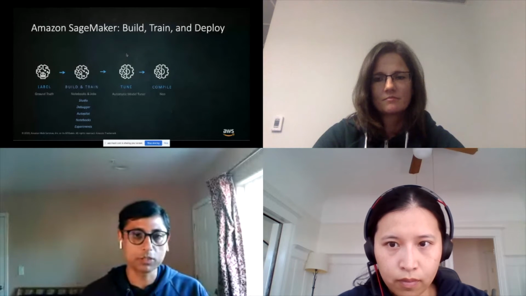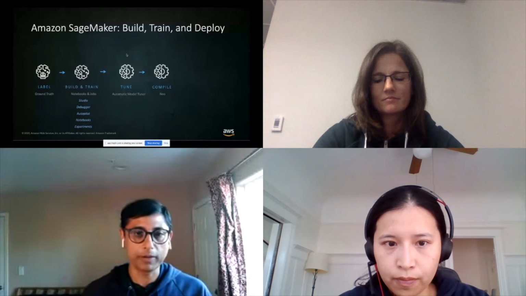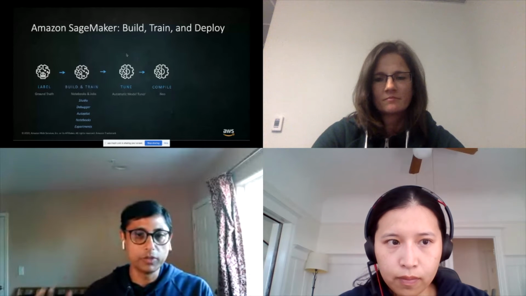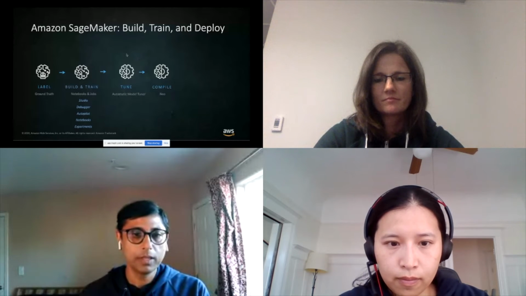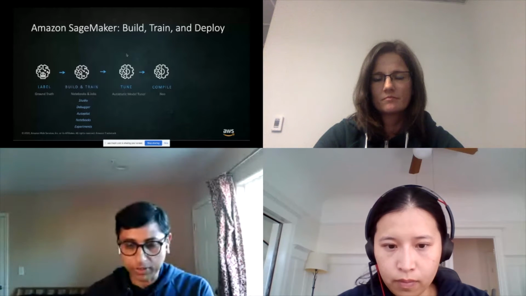So there's an additional feature in SageMaker called SageMaker Neo, which allows you to take a model and compile it. It's a deep learning compiler, and you can reduce the size of the model, and it also optimizes using different machine learning techniques to get a better, I would say, accuracy out of that model.